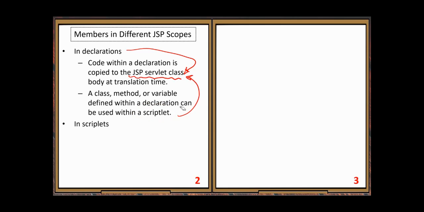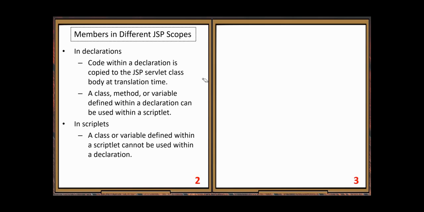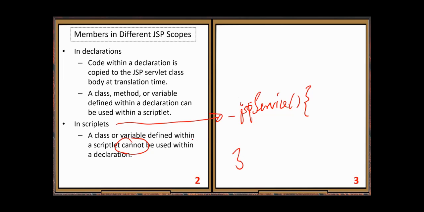Now the other way around. We talk about when we declare members in scriptlets. A class variable defined within a scriptlet cannot be used, this time not the opposite way, because this time they are in the _jspService method. What you define inside the scriptlet cannot be accessed outside this method scope.